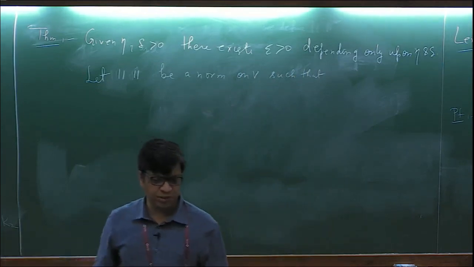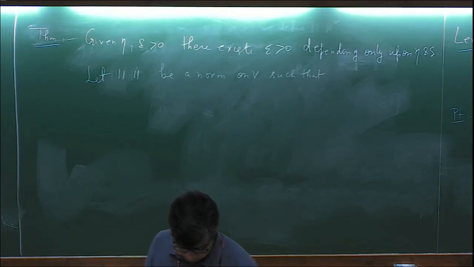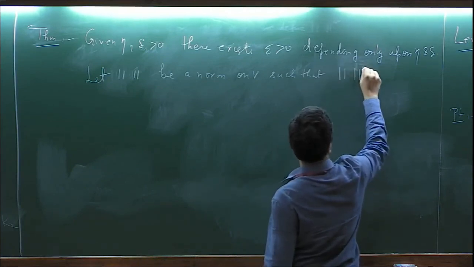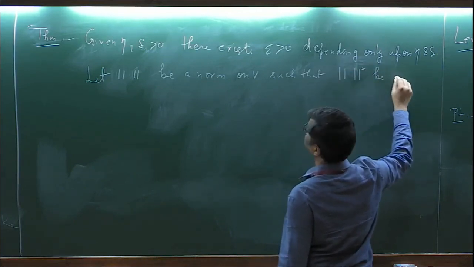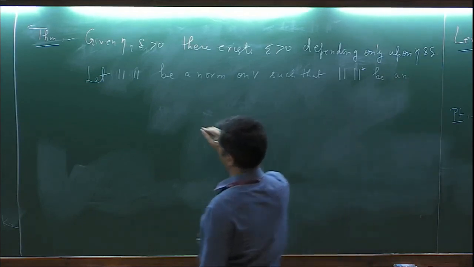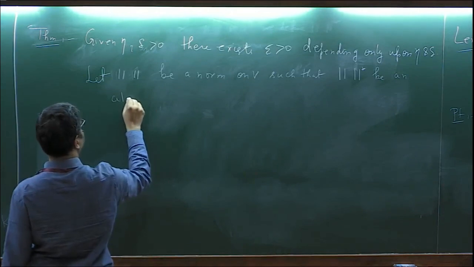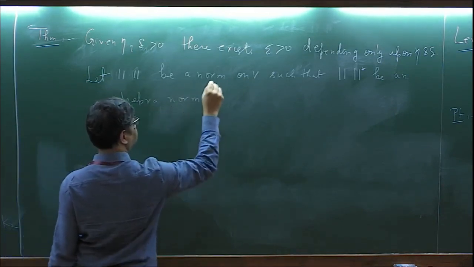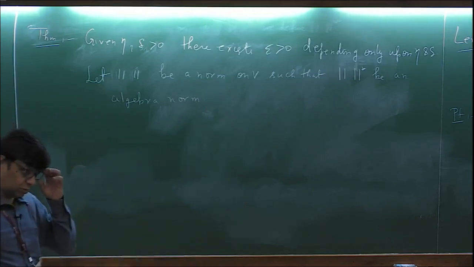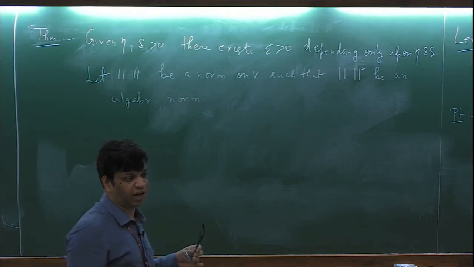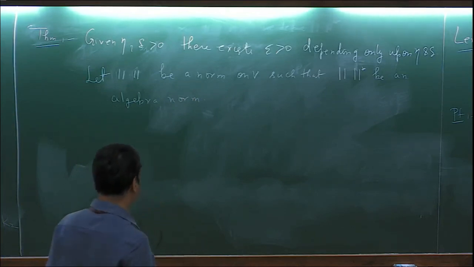This V is a space of functions from Z mod Pz to R such that we have a norm on V such that its dual is an algebra norm.